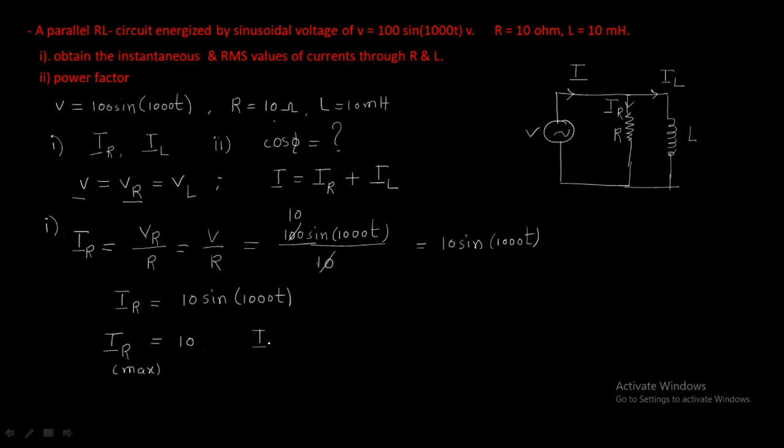From this we can find the RMS value. What is the relation between RMS value and maximum value? It is maximum value by root 2. Maximum value is 10, so this is 10 by root 2. This is the instantaneous current and this is the RMS current through the resistor.